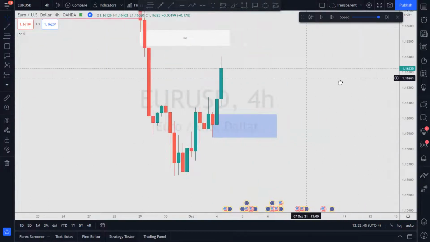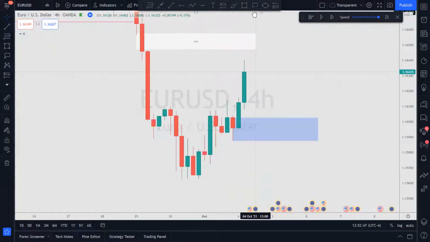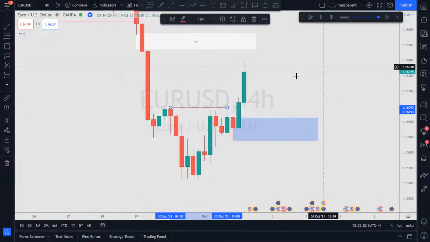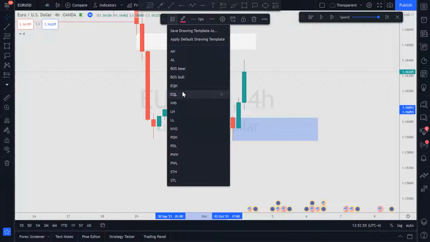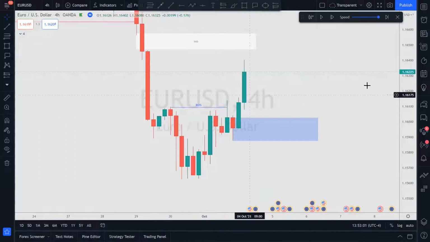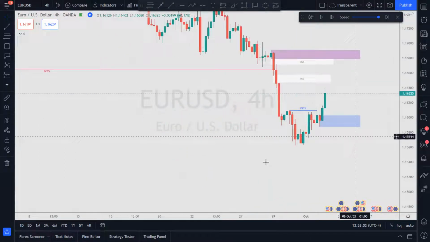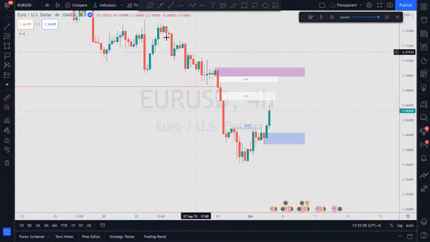Now, I also want to point out down here, we broke this high. That is a break of structure. Why do we call it a break of structure as opposed to just a break of a short-term high or a swing high? Because when we talk about structure, we're talking about lower low, lower high, lower low, lower high.